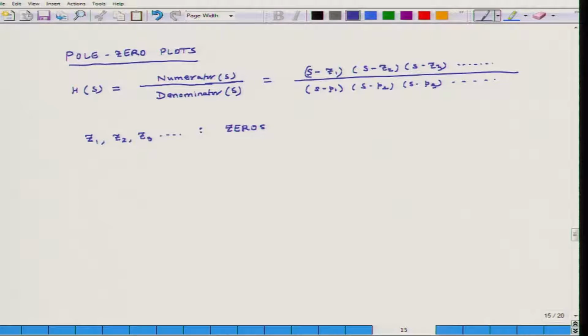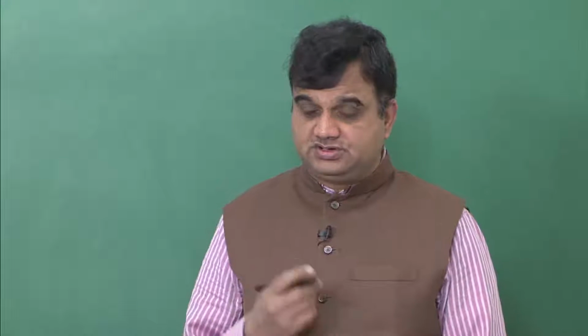They are roots of the numerator. When complex frequency approaches or becomes equal to one of these roots, the value of the transfer function becomes 0.